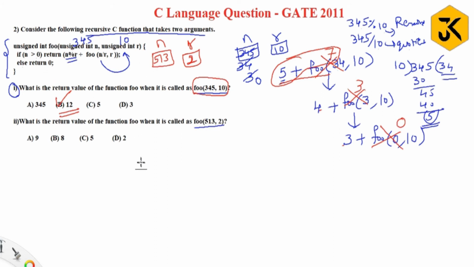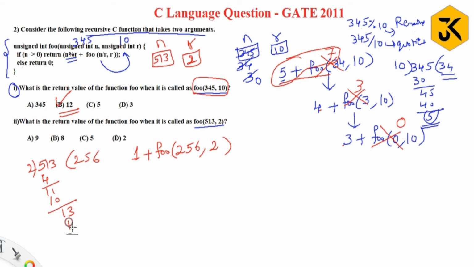Yes, then it's going to return n modulus r. n modulus r means you will get 513 modulus 2, that is 1 plus foo of 513 by 2, you will get 256 comma 2. Just check 513 divided by 2: 2 2s are 4, 11 is there, 2 5s are 10, 13 is there, 2 6s are 12, 1 will be the remainder.